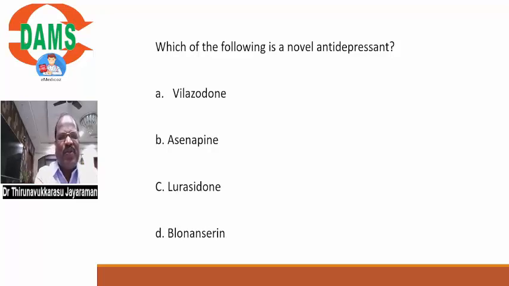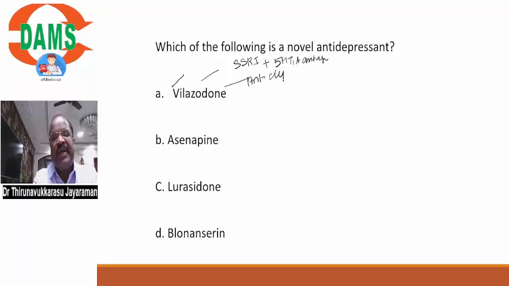Vilazodone has the property of selective serotonin reuptake inhibition plus 5-HT1A partial agonistic action. It is an antidepressant. Whereas asenapine, lurasidone, blonanserin all are atypical antipsychotics.